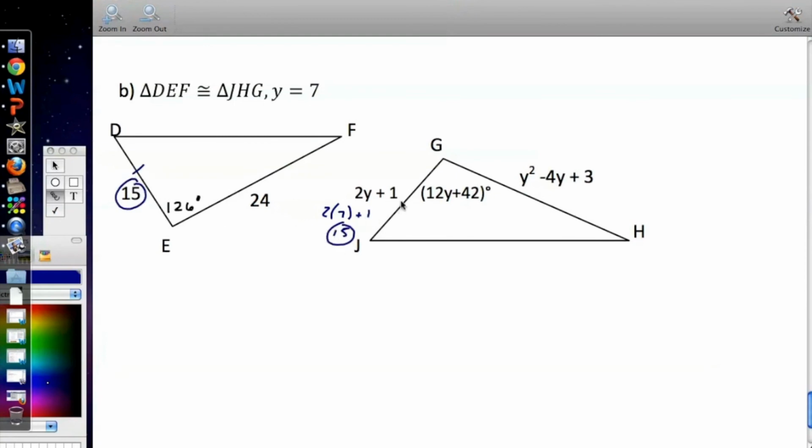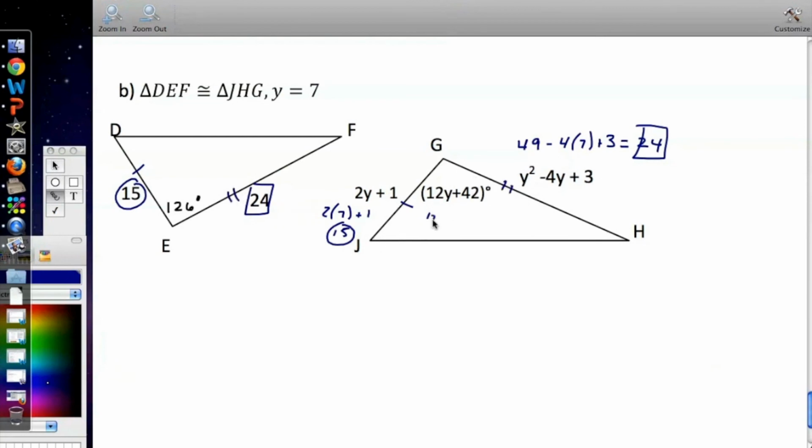So I've got a side, congruent. y squared would be 49 minus 4 times 7 plus 3. 49 minus 28 would be 21. Plus 3 would be 24. 24 is equal to 24, so this side is congruent to this side.